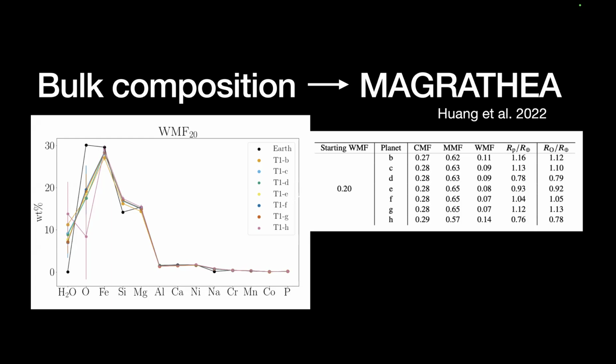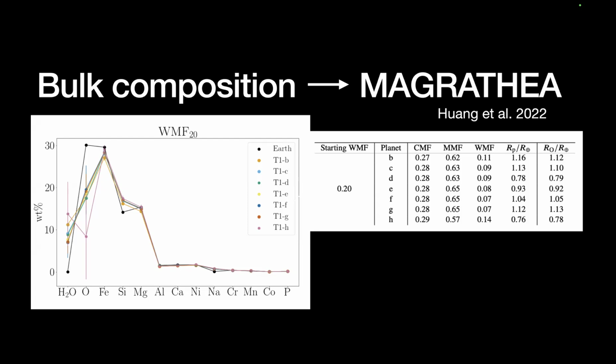We binned them into radial bins that correspond with the observed TRAPPIST planets, and we took the average of the compositions in each radial bin. And that's what I'm showing in this plot here on the left. I show the relative abundance for each of those simulated TRAPPIST analog planets for water and 12 elements. And I also show Earth's composition for reference.